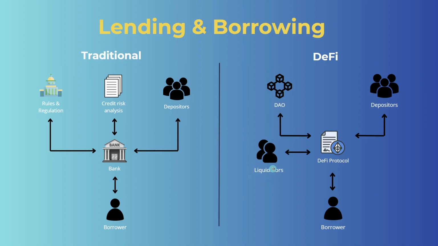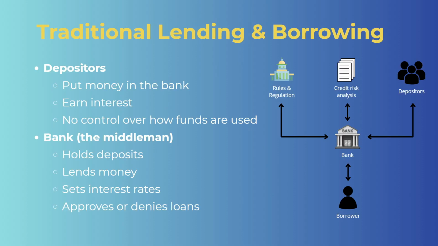And we also have liquidators, which are basically users or bots that liquidate risky positions, so the protocol can be secure and solvent. This is a general view. Now let's see this in much greater detail.